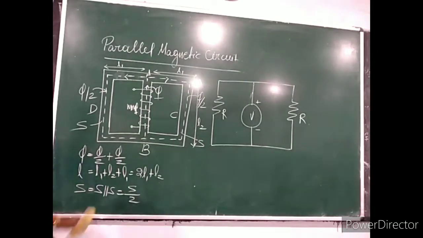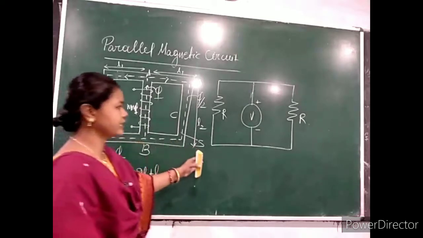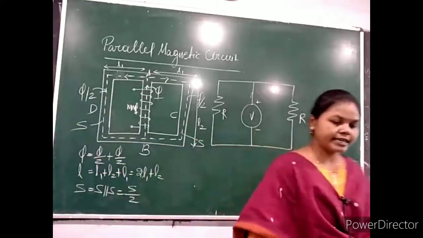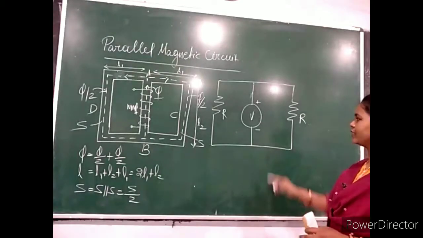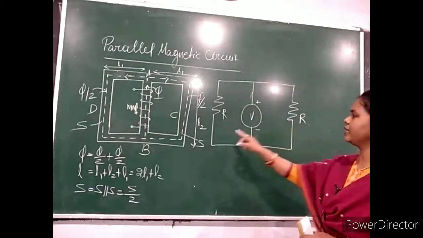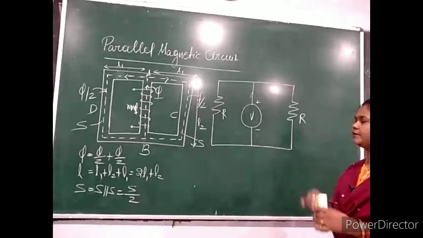The same thing, if you compare this with this electric circuit, consists of the parallel combination of one voltage source and two similar resistances. They are connected in parallel.